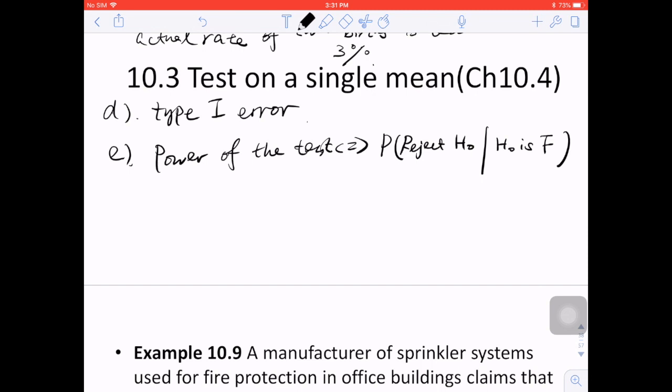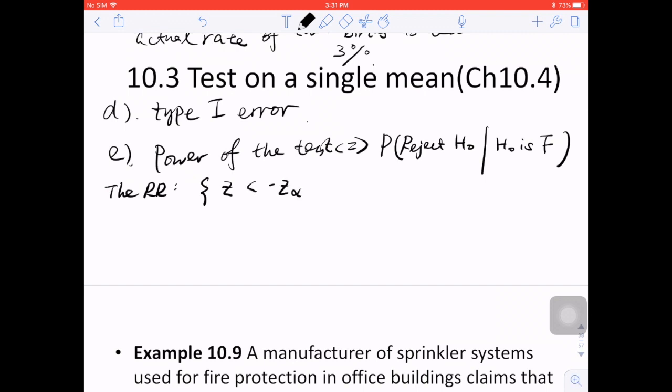Right? You reject H0 when H0 is false. So first of all, you will have to find when to reject H0 in this case. That is to find the rejection region. Okay? So the rejection region should be, like we discussed before, if we use Z, right?